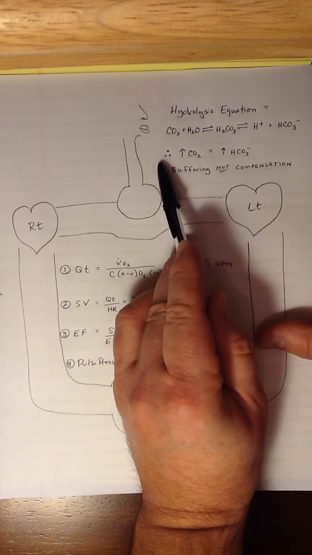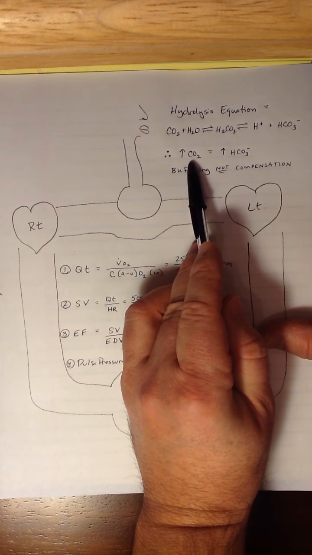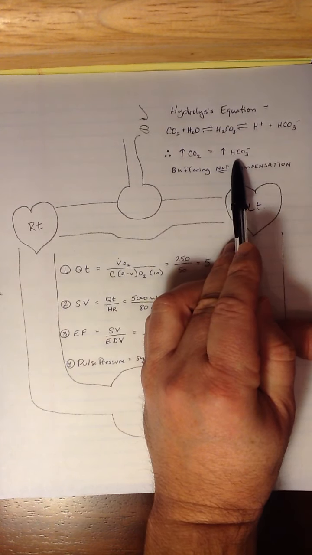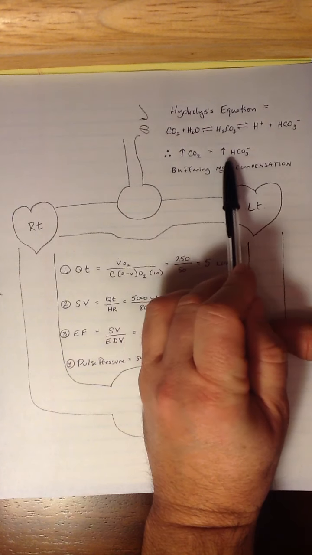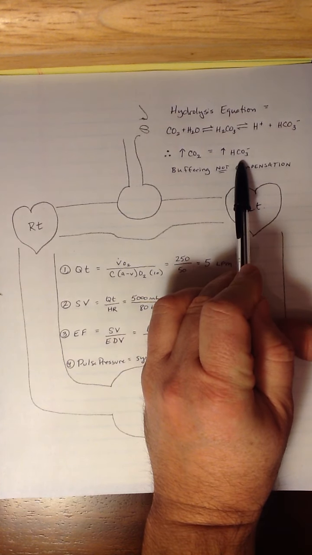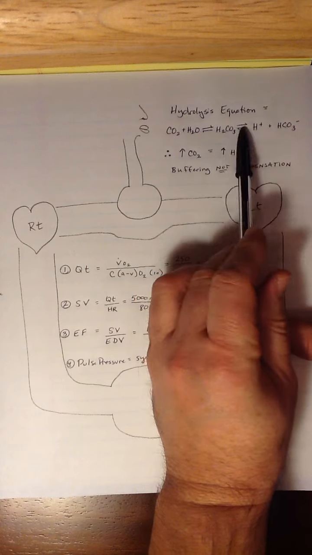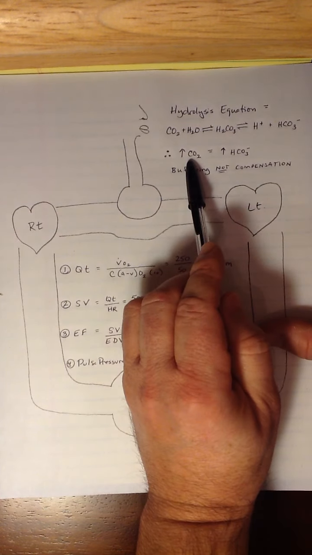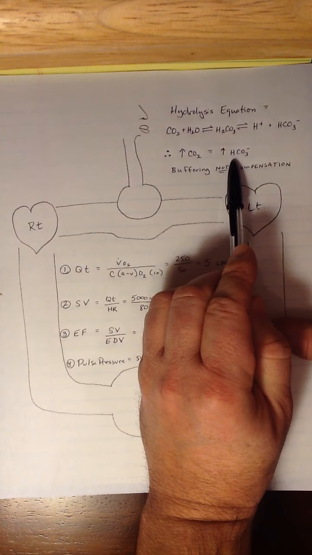Therefore, the more carbon dioxide we produce by metabolism, the more bicarb that's produced. So as your CO2 increases, bicarb increases, and that's naturally occurring within the blood via the hydrolysis equation. Conversely, as your CO2 decreases, then we have less bicarb.